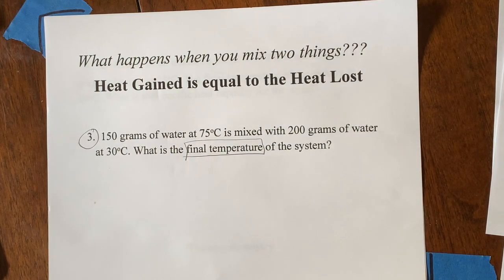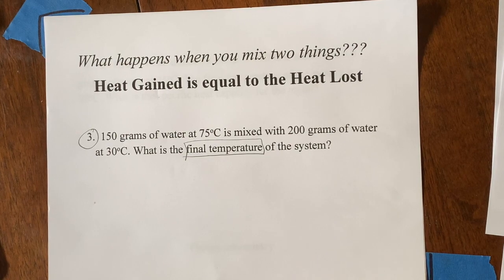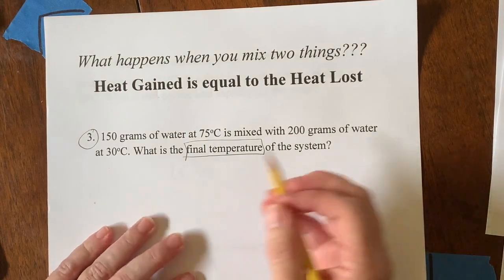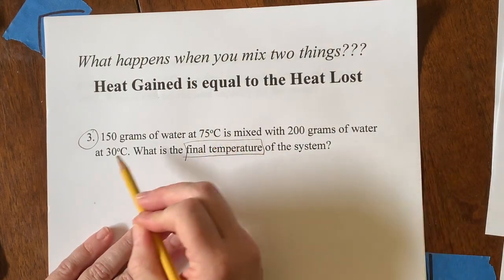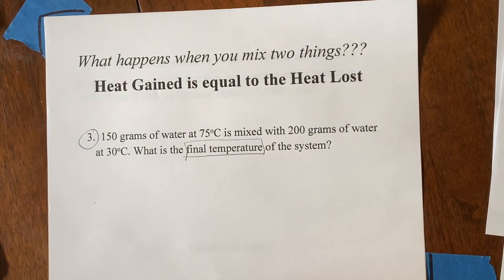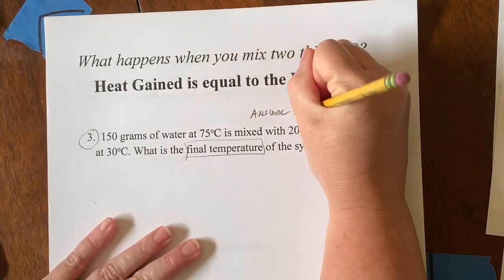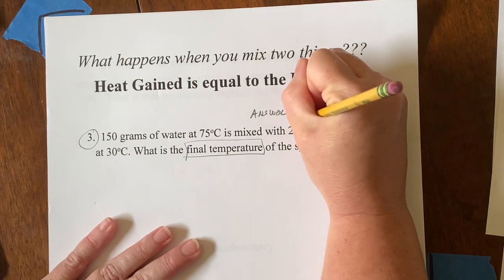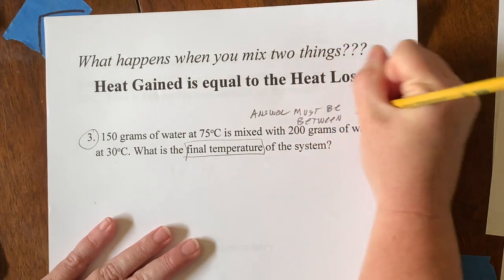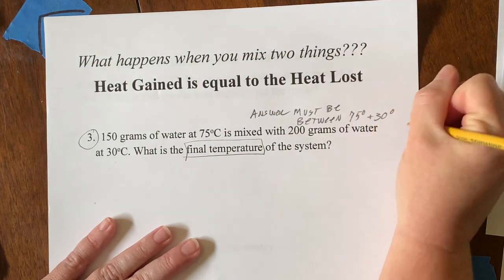All right, so we have water that's at 75 and water that's at 30. We know that our final temp is going to be somewhere between 75 and 30. And like I've always said, we love questions where there's an automatic check in them. So you know your answer must be between 75 degrees and 30 degrees Celsius.